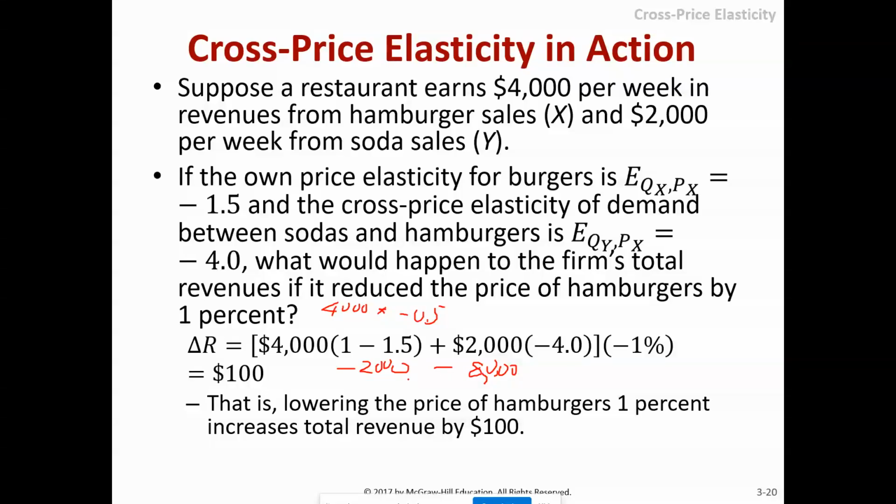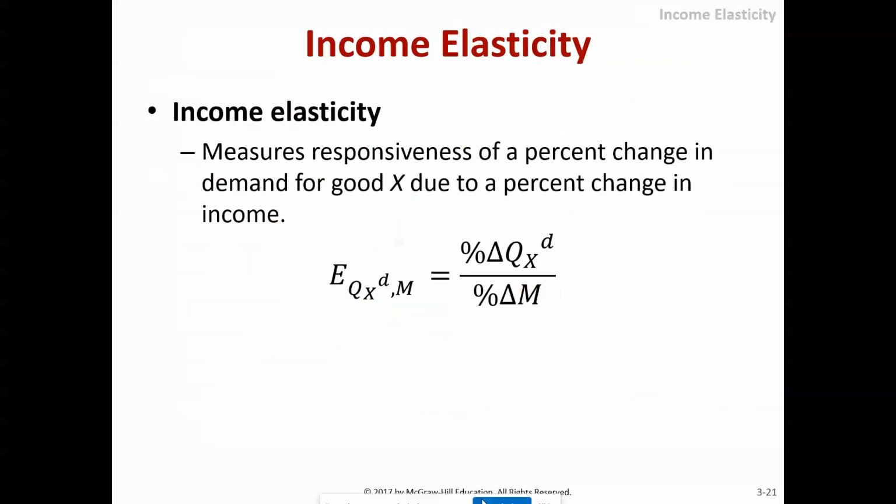So negative 2,000, negative 8,000, so negative 10,000. Negative 10,000 multiplied by negative 1% gives $100. 1% is 0.01. Okay. So negative times negative is positive. 10,000 multiplied by 0.01 is 100.